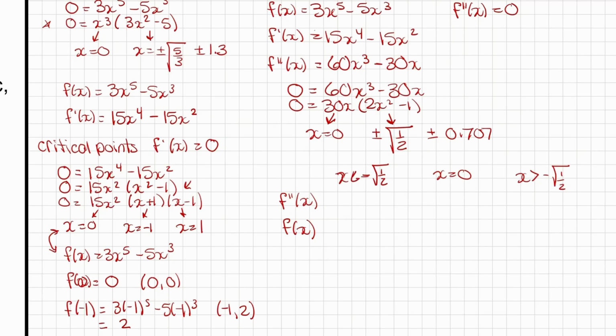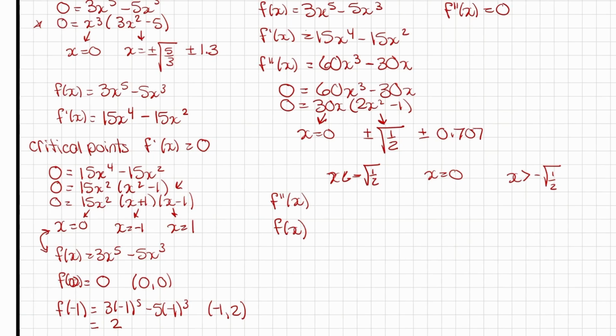Okay, so we're going to choose points on either side. So for this one here, I'm just going to choose when x equals negative 1. That's less than negative root of 1/2. So let's just work it out. When x is equal to negative 1, then I have 60 times negative 1 cubed minus 30 times negative 1, and that gives me a value of negative 30.